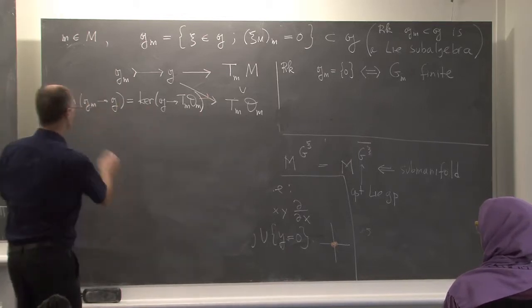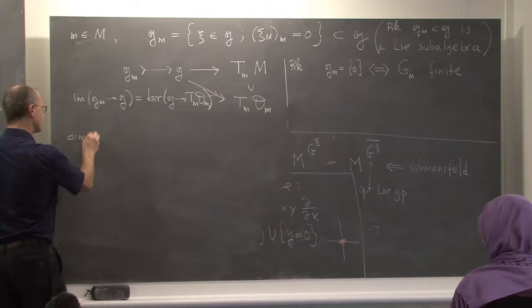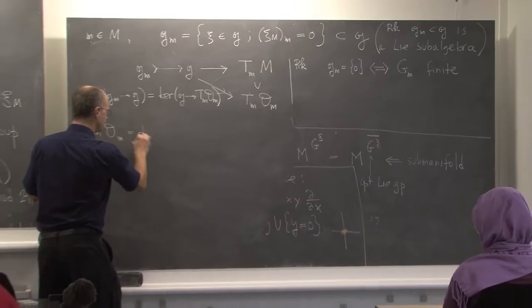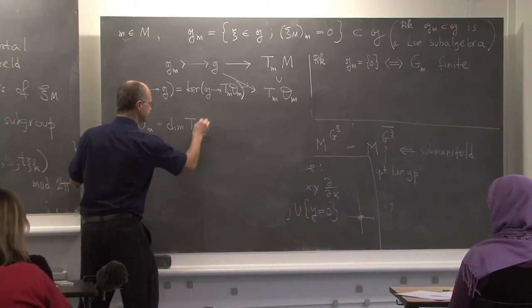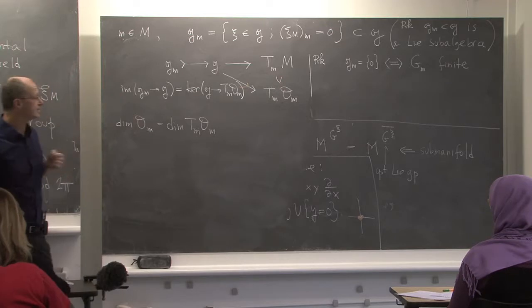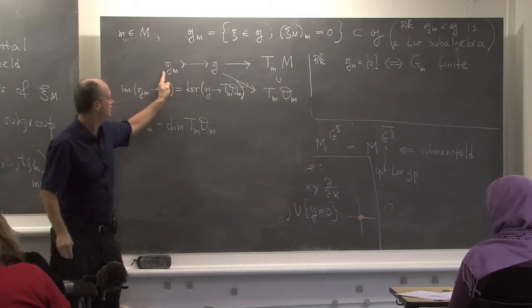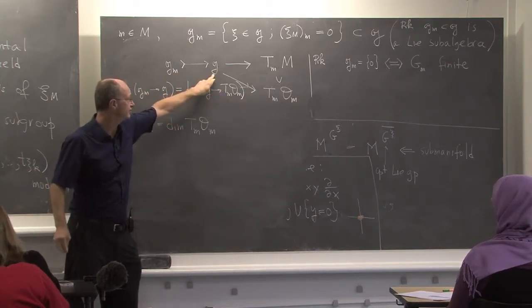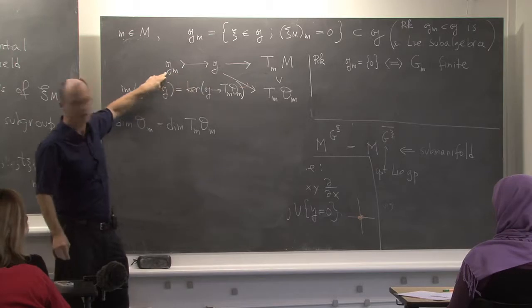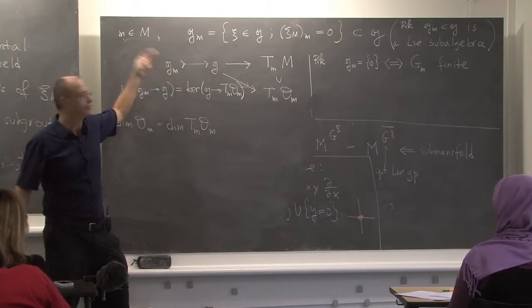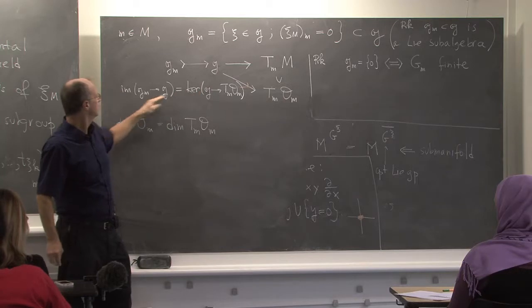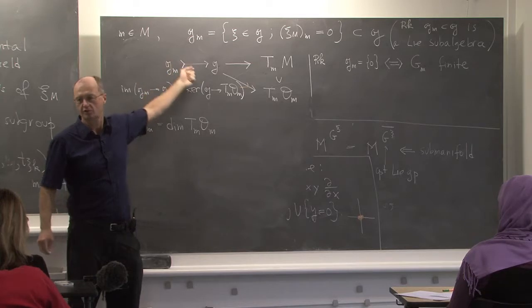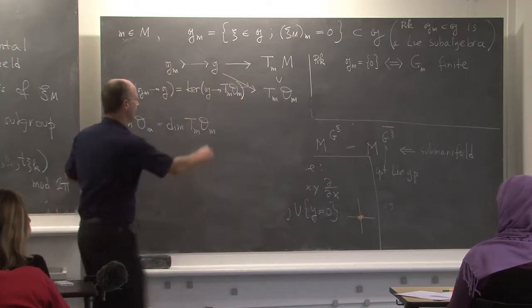So this tells us the following. The dimension of the orbit through M is, of course, the dimension of its tangent space. And this sequence of maps tells us that this is exactly the difference of the dimension of g and the dimension of g_M, right? Because the dimension of the space is equal to the dimension of the kernel of the map plus the dimension of the image.